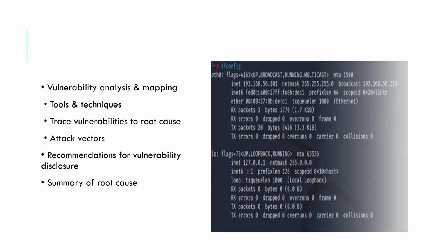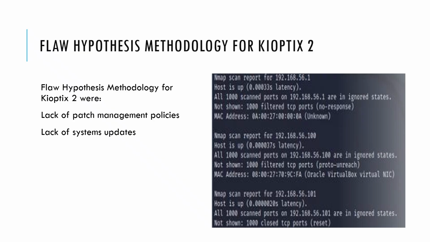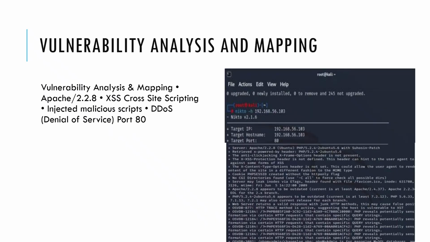This is how the ifconfig looks like. So the flaws and hypotheses for the methodology using the Chaos 2 machine, the flaws were caused as a result of lack of patch management policy and lack of system updates.